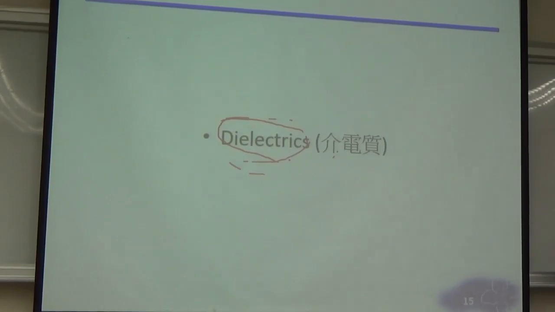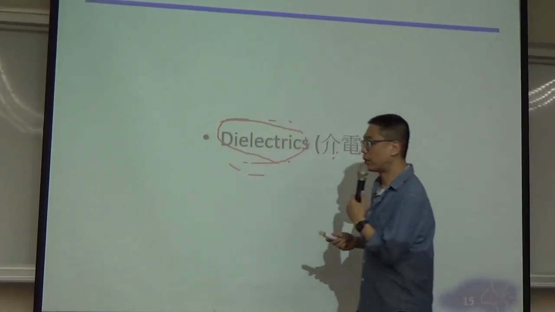Usually their alpha is small, but not 0, and the conductivity is small. So we need to discuss something. For the second part, the main goal, our goal.